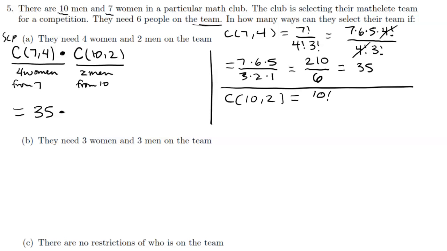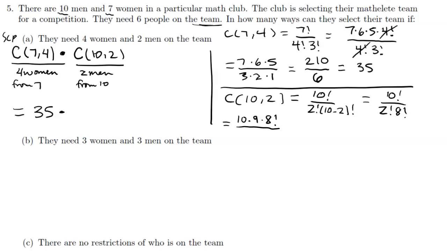So that's 10 factorial over 2 factorial, 10 minus 2 factorial, which 10 minus 2 is 8. So this is 10 factorial over 2 factorial, 8 factorial. So we're going to start to write out 10 times 9 times 8.